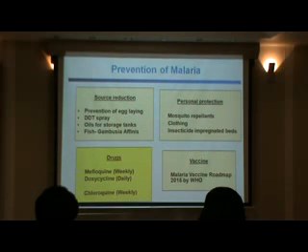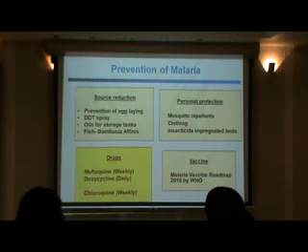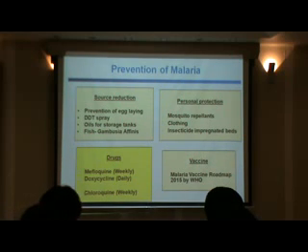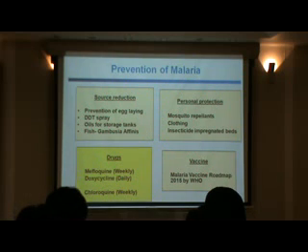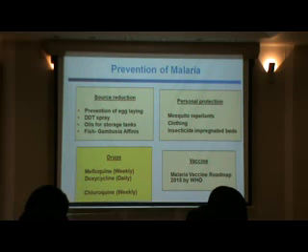As far as the prevention part is concerned, prevention is by DDT spray, antilarval measures, personal protection by using mosquito repellent, by covering yourself, and insecticide treated bed nets.